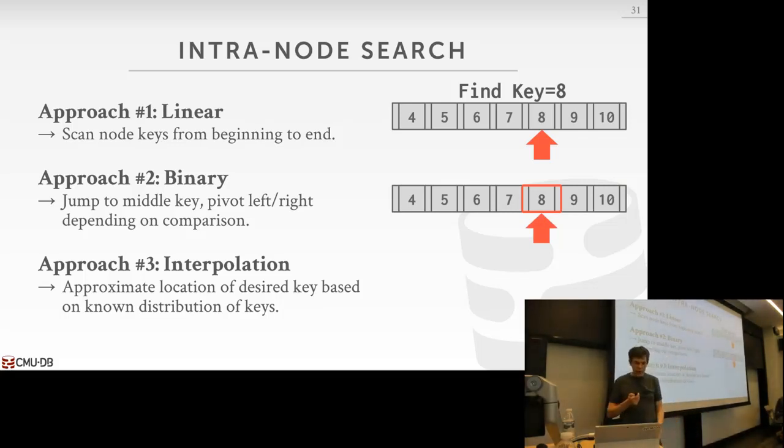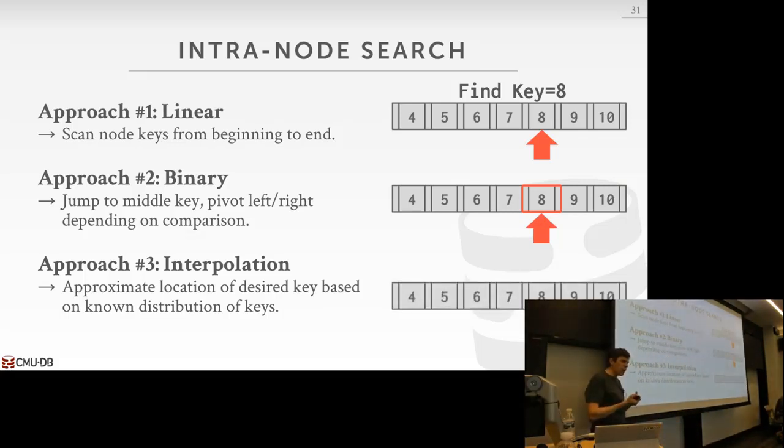One thing that is kind of cool you can do, if you know what the keys actually look like, is use an interpolation technique, where you approximate the location of the key by doing some simple math to figure out what your starting point should be for your linear search. Rather than starting from the beginning and going all the way to the end, if I know that my keys are, in this case, integers, and I know something about their distribution, I can do really simple math.